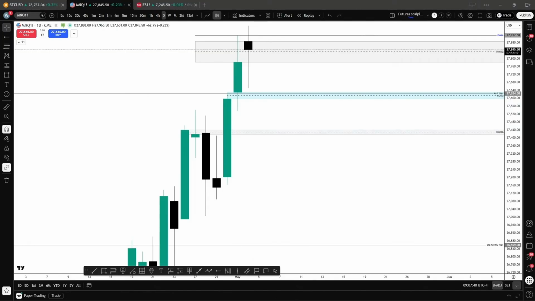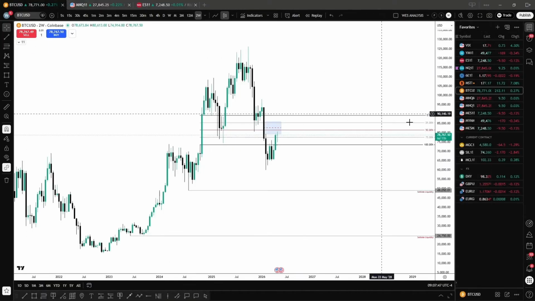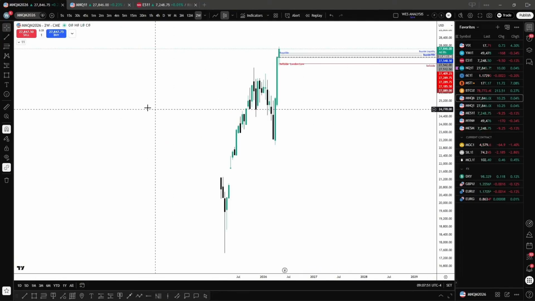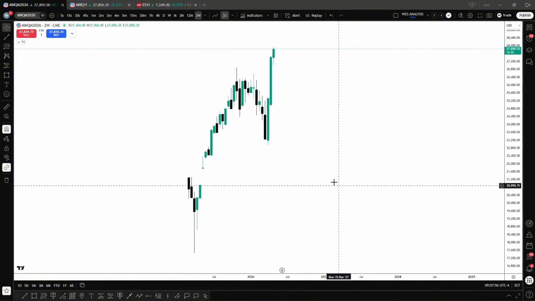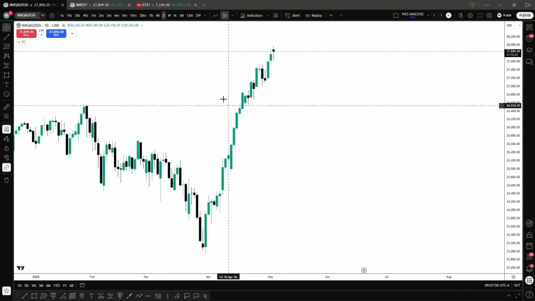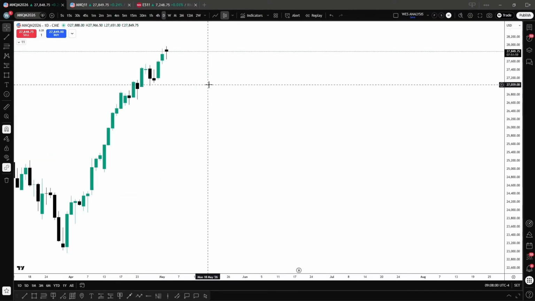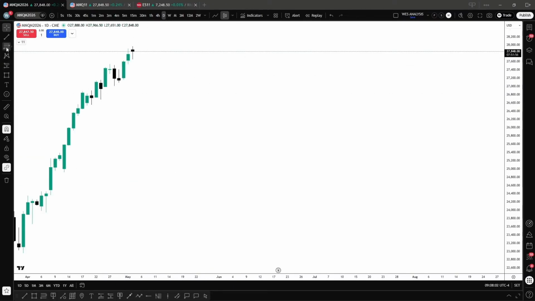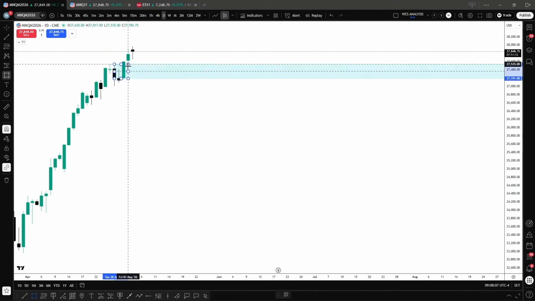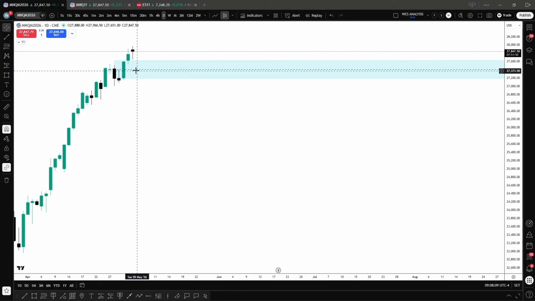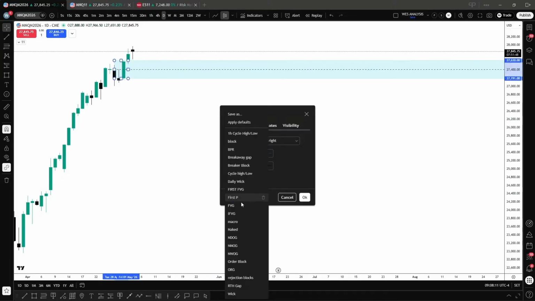What I'm going to do is put it on a different template here. Knowing that it's there, I'm not necessarily worried about it now because the market's not there, but that's a really good draw, in my opinion, for the market to draw down into the suspension block right here.